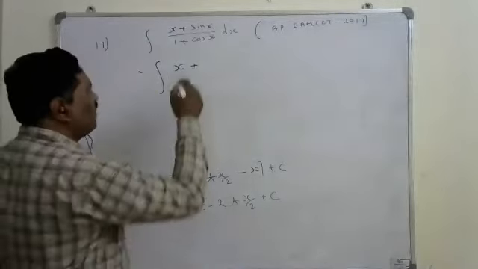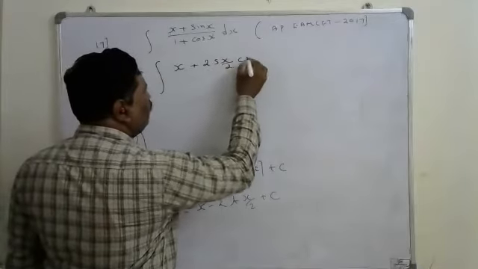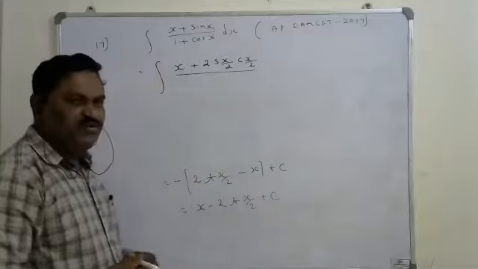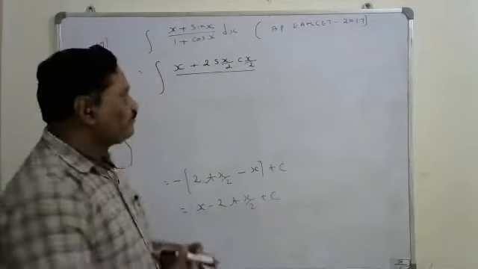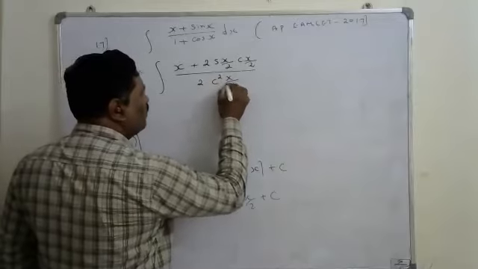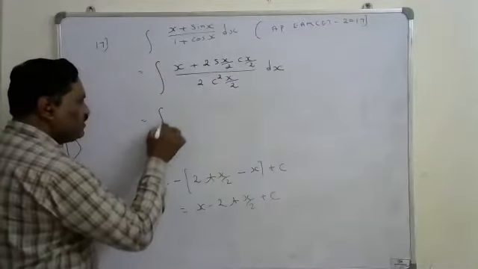Using that formula, sin x you can write as 2 sin x by 2 cos x by 2, upon 1 plus cos x. How do you write 1 plus cos x? 2 cos square x by 2 dx. Then we will split the terms.